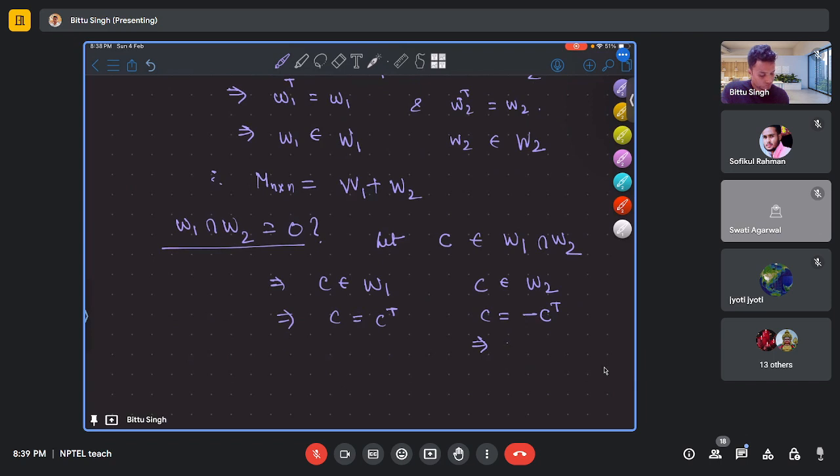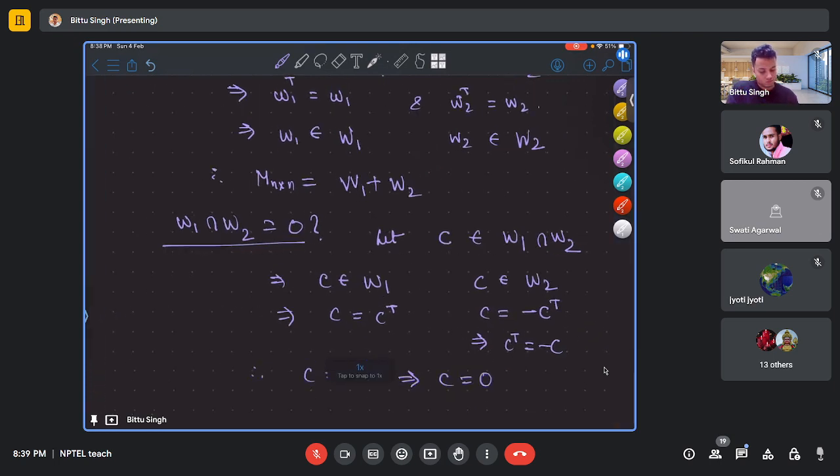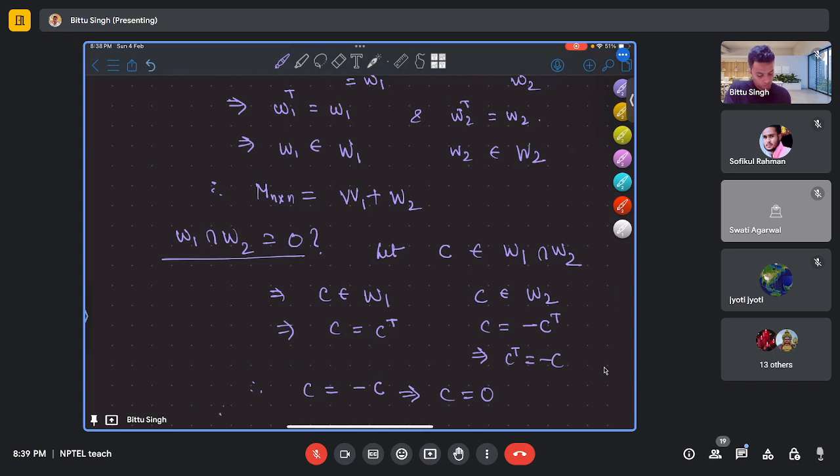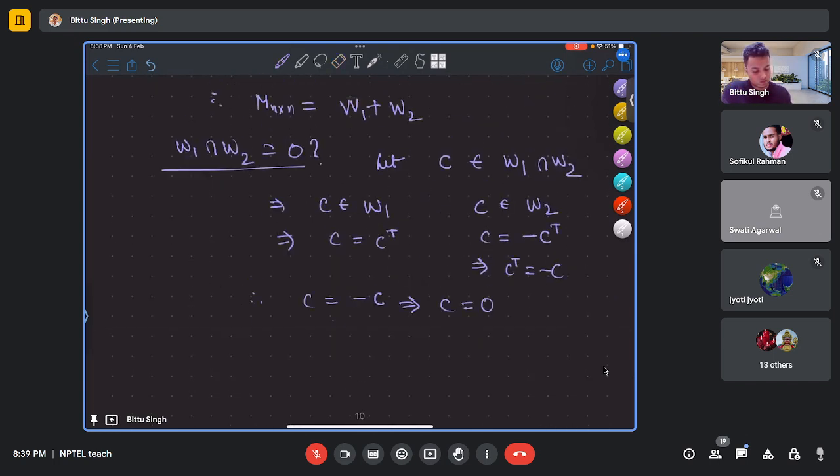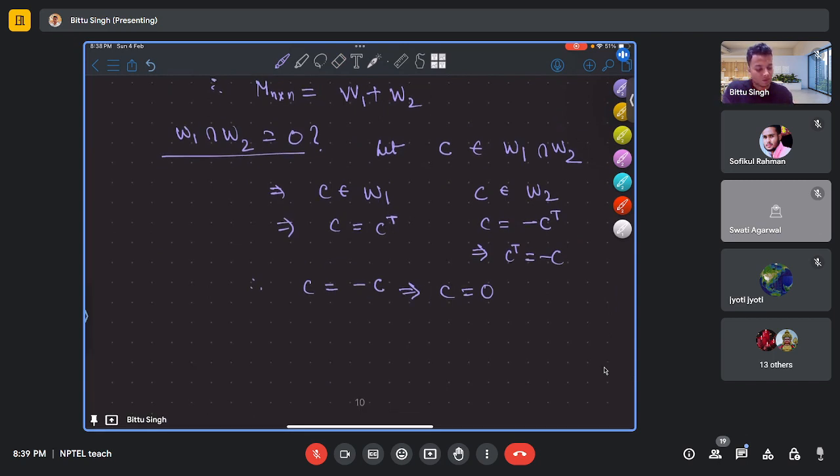Therefore C transpose is same as minus C, therefore C is same as minus C, and hence C equals 0. So now you can say that every element from the intersection will be 0, that is W1 intersection W2 is 0.